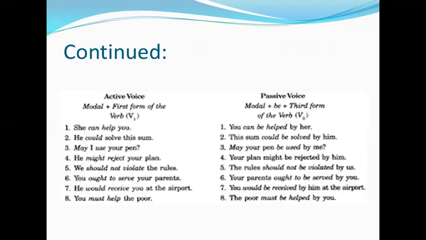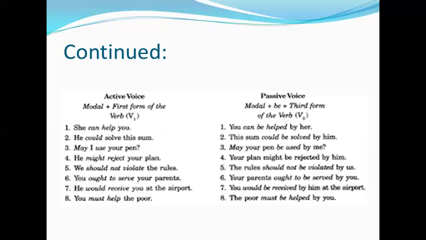There are certain changes also made in the modal auxiliaries. If the active voice sentence has a modal auxiliary, modal plus first form of the verb will change into modal plus be plus third form of the verb. For example, she can help you.